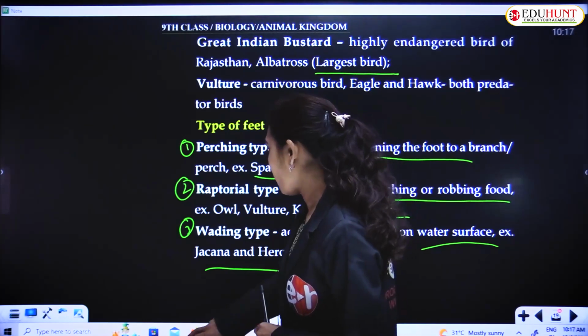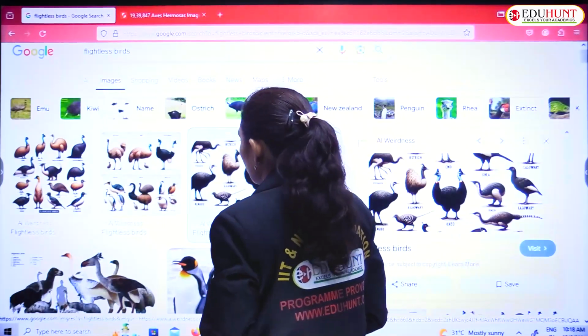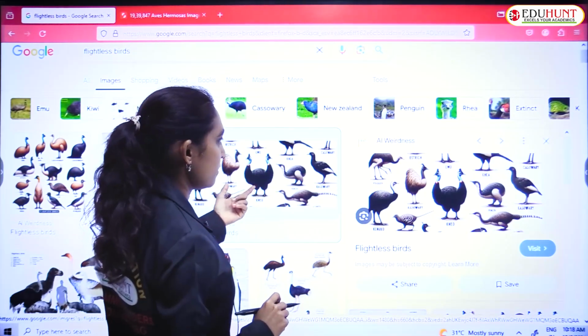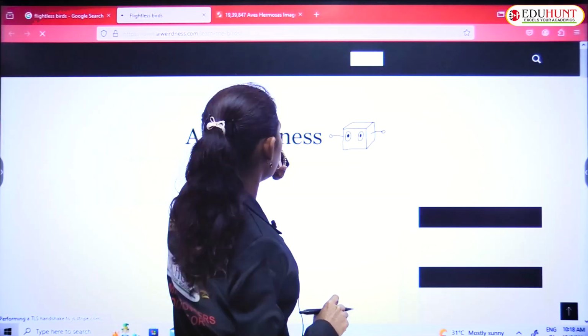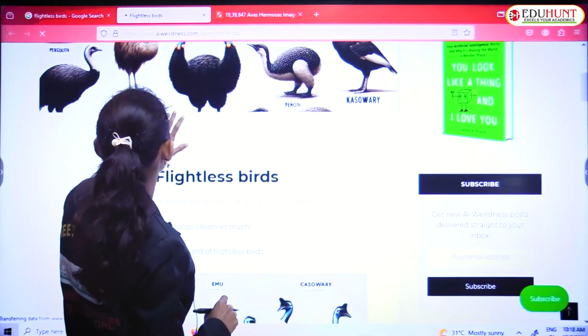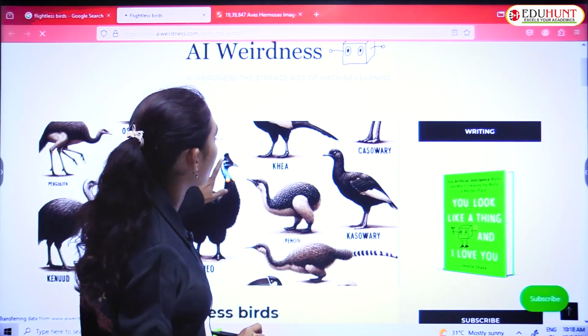I'll show you the picture of birds. Yes, these are flightless birds. You can see. I think this picture is clear when compared to the previous one.